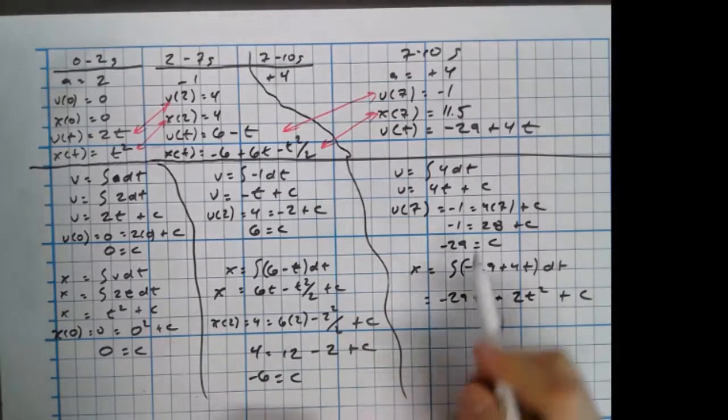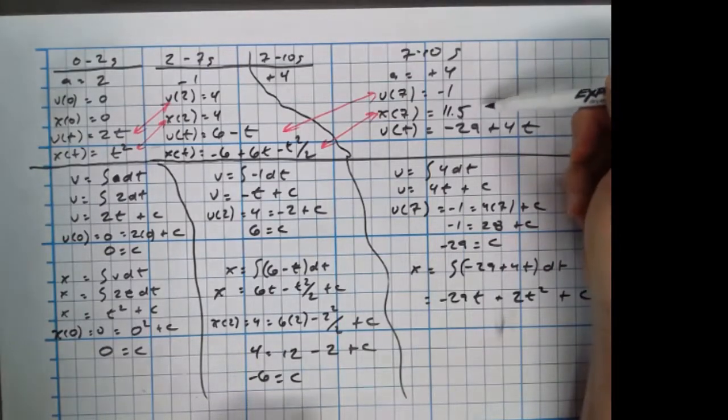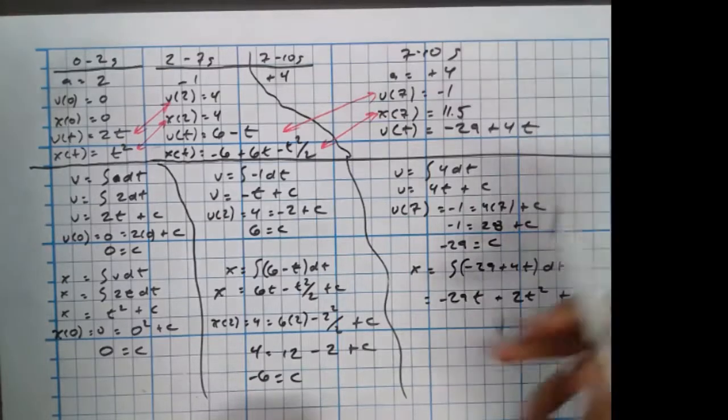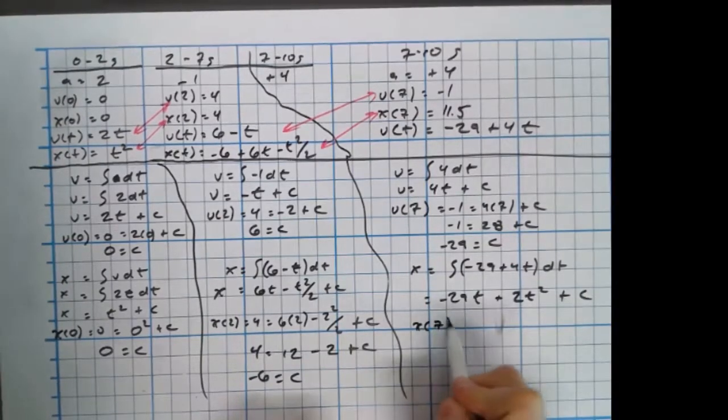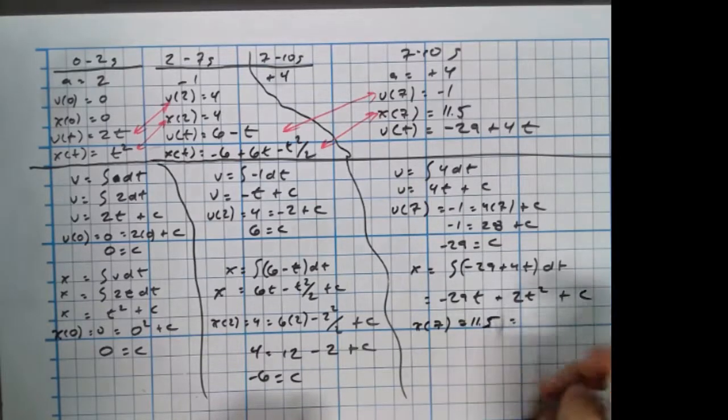And I plug in my starting point, x of 7 equals 11.5. So x of 7 equals 11.5 equals -29 times 7 plus 2 times 49 plus a constant.